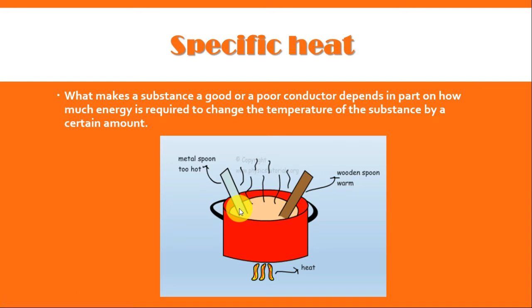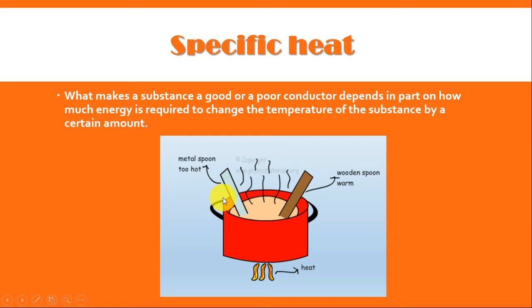After 5 minutes, for example, you touch both of them, you will feel that this one is very hot, this one is warm. Why? Now I know that this one is a conductor and this one an insulator, but also both of them gain the same amount of heat, the same amount of energy, in the same amount of time.